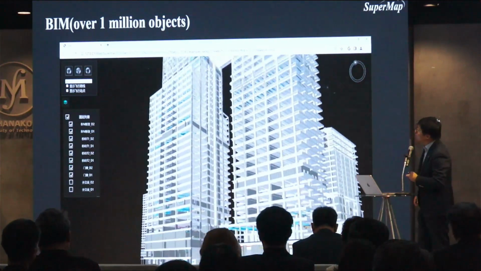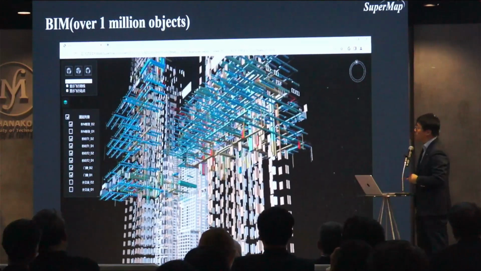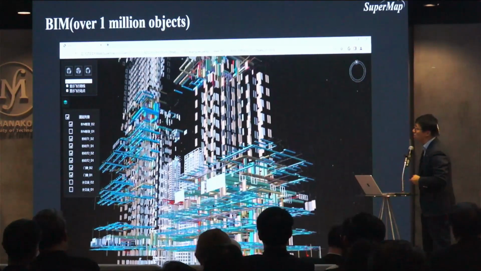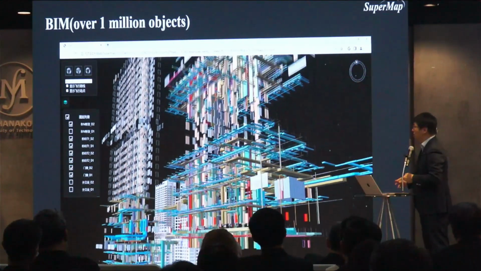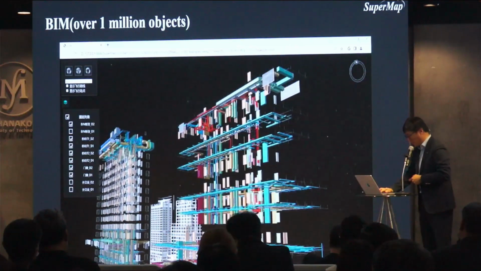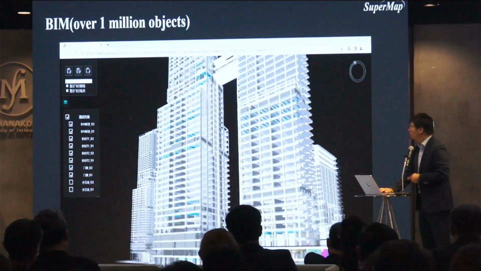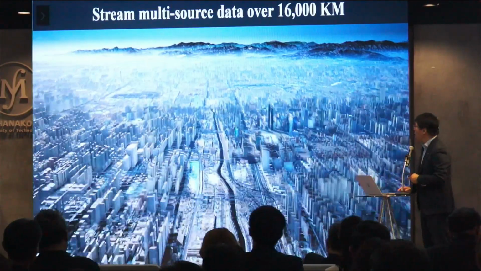And these are the BIM buildings designed by BIM, with more than 1 million objects inside the buildings. We can stream this at runtime in WebGL, using it in a browser. And let's check out this video.